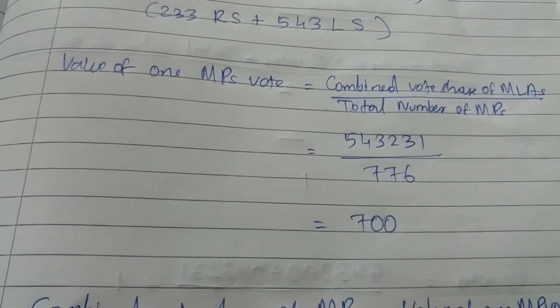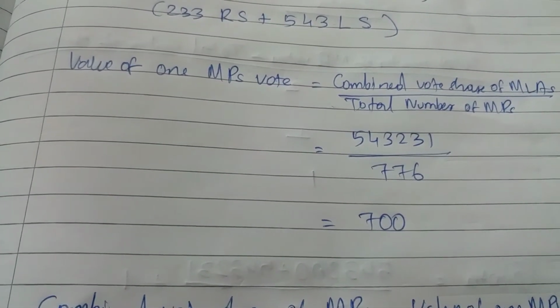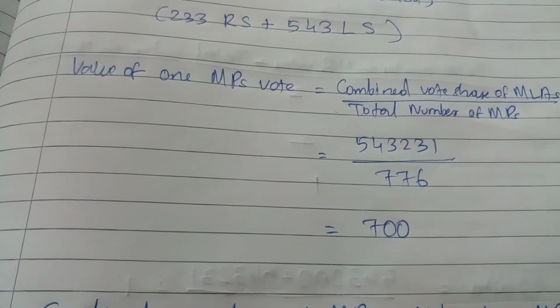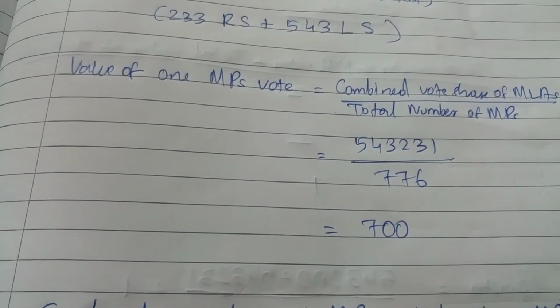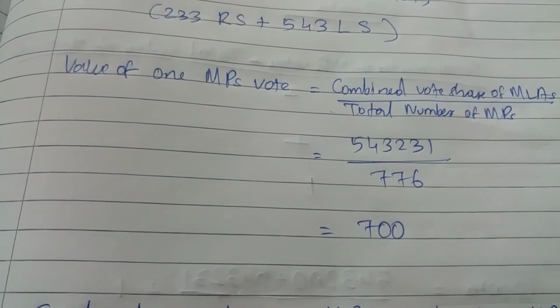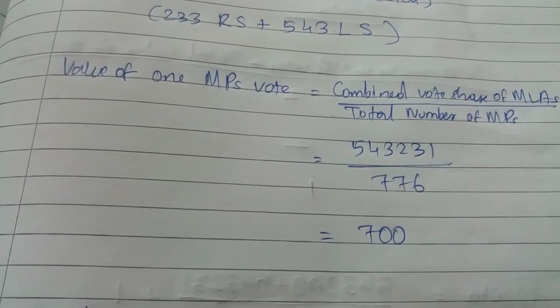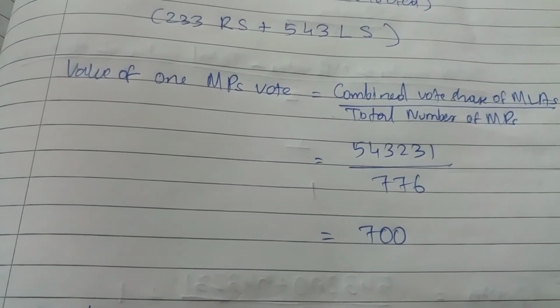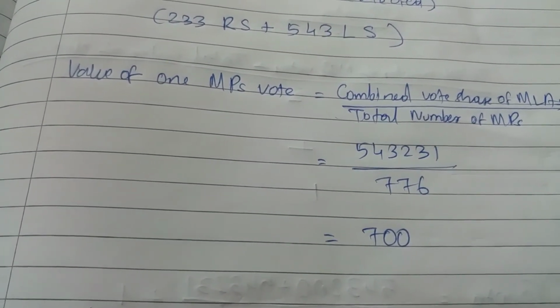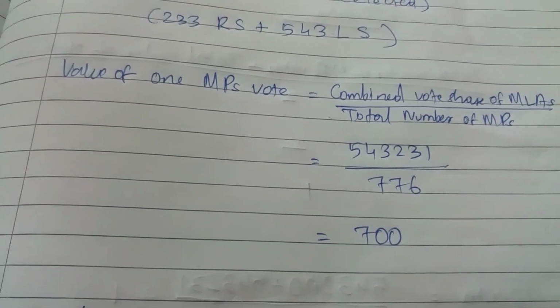As we have calculated, the combined vote share of all the MLAs in India is 5,43,231, and if we divide by the total number of MPs, 776, we get the figure 700. So the value of one MP's vote is 700 and is fixed.